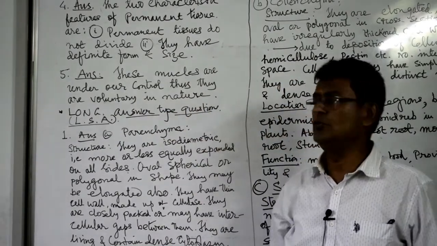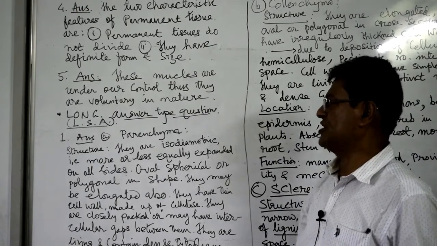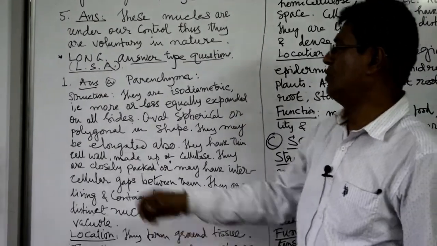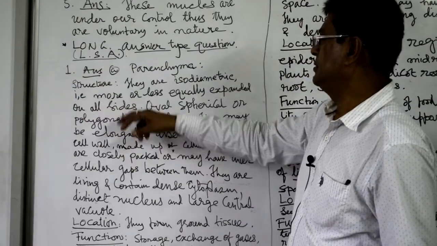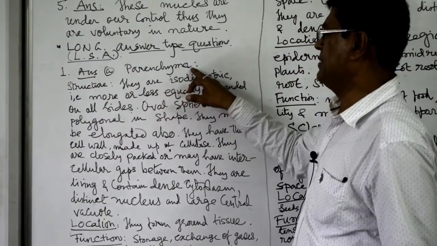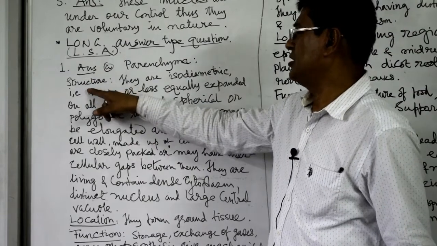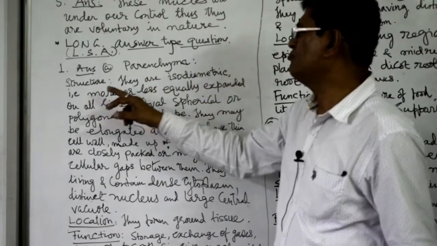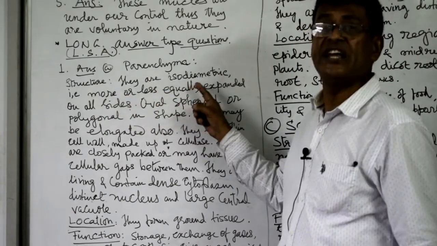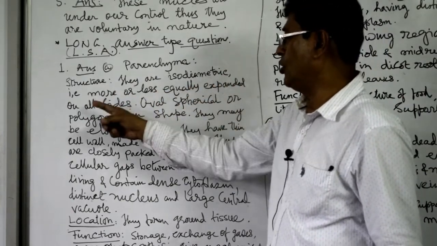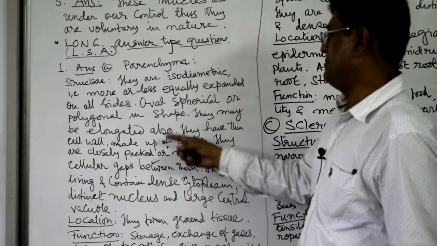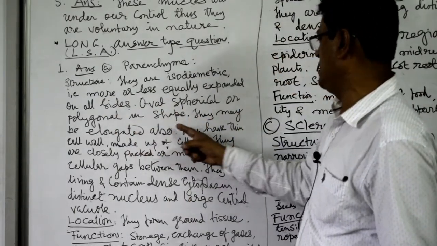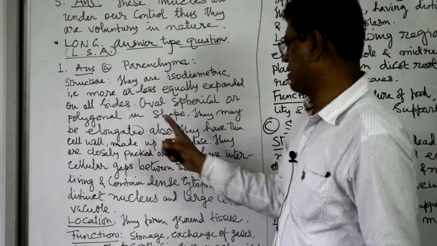Now we move to the long answer type question, which is known as LSA. Question number 1 and its answer. A, parenchyma. Structure: they are isodiametric, that is, more or less equally expanded in all directions. They may be oval, spherical or polygonal in shape, or elongated also.